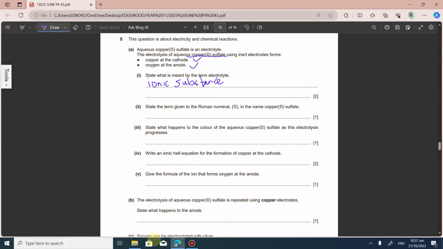Ionic substance in the molten or aqueous states that decomposes due to the passage of current.